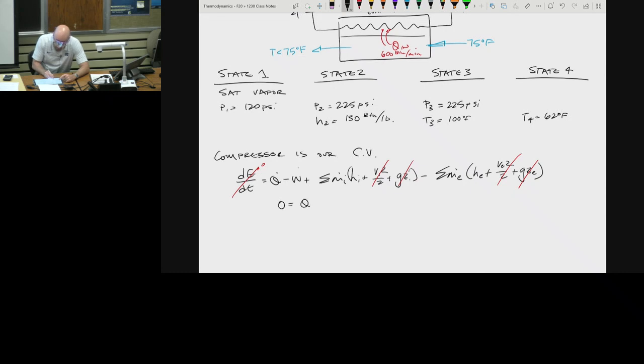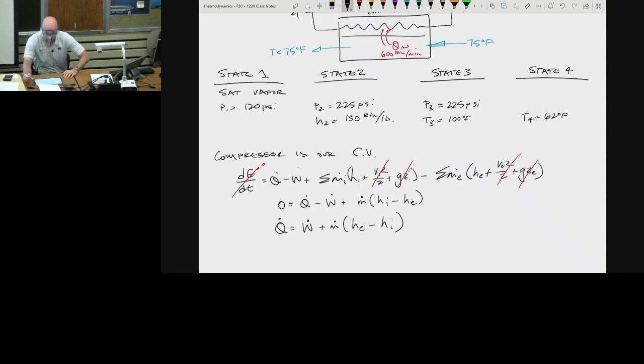0 is equal to Q dot minus W dot plus, there's only one flow going in and out of here, so there's mass flow rate times H entering minus H exiting. We'll do it that way. And so our heat transfer Q dot is equal to W dot plus m dot times H exiting minus H entering, as I moved everything over to the other side of the equation.